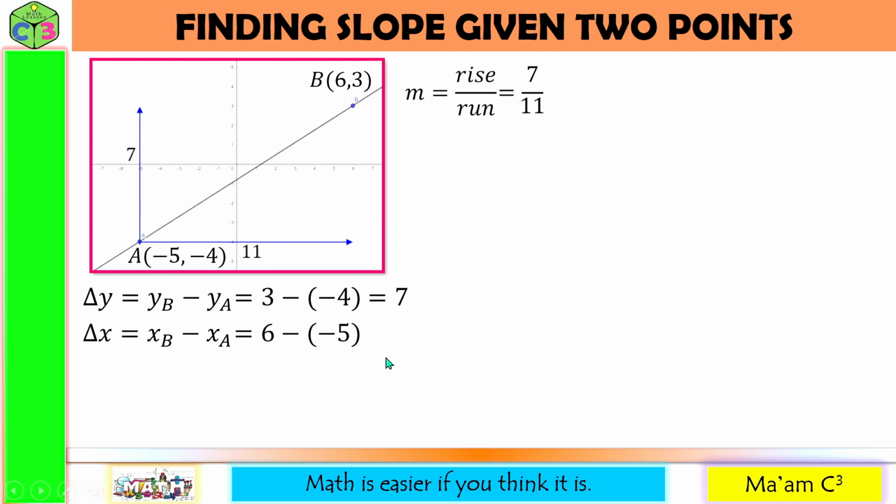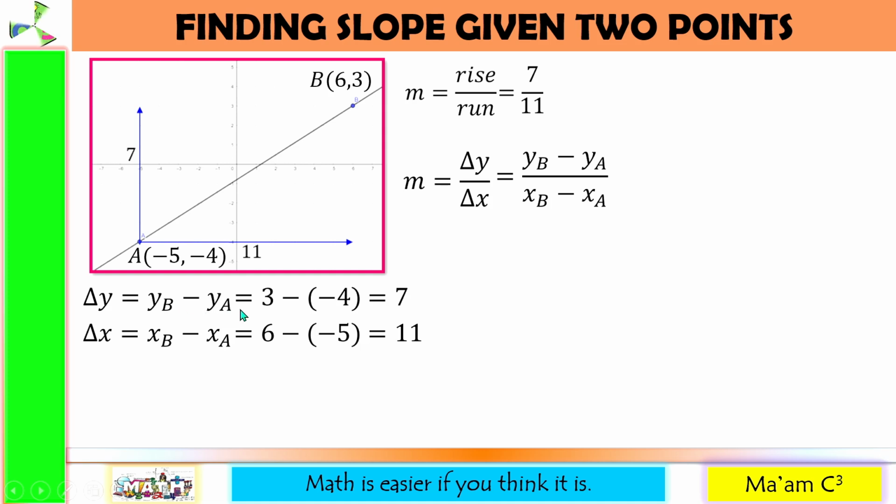So 6 plus 5 is equal to 11. And yes, delta x is also the value of our run. So it means another formula for slope is delta y divided by delta x, which is the change in y over the change in x. Now you might ask me, what if I make it y sub a minus y sub b and x sub a minus x sub b?